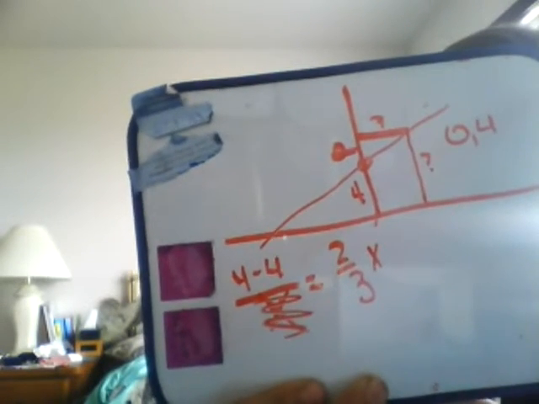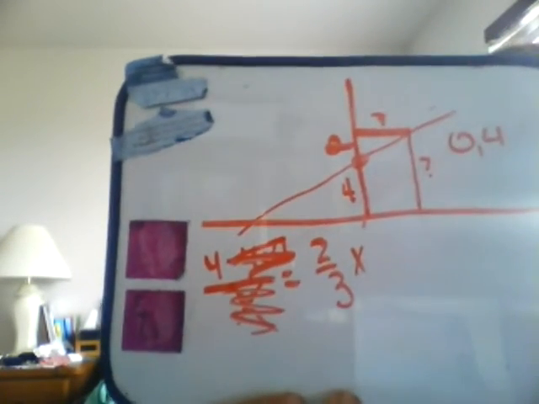Now we need to add 4 to both sides. If we add 4 on that side, we get rid of the minus 4. If we add 4 on this side, we end up with the linear equation y equals mx plus b, which in this case is y equals 2/3 x plus 4.